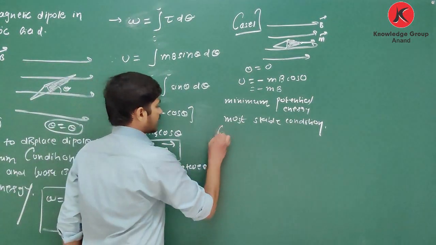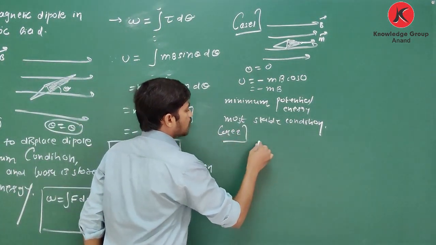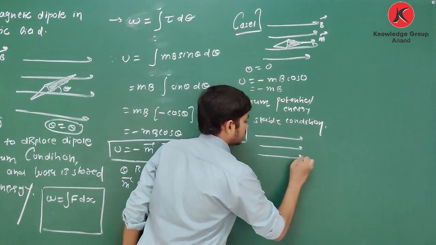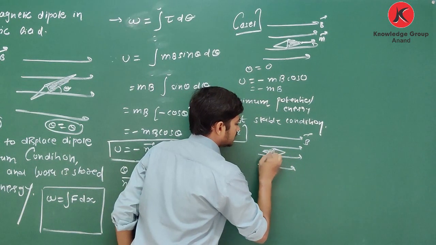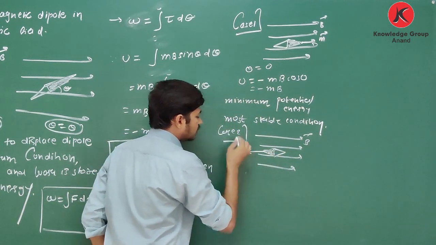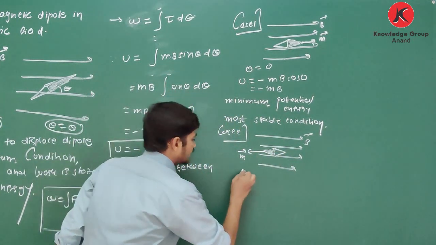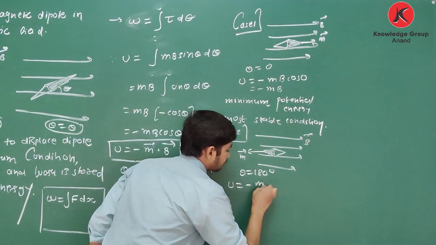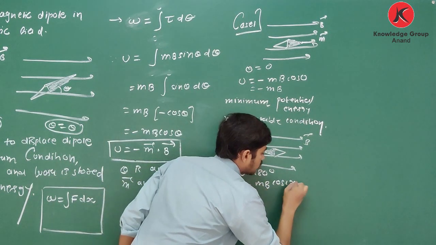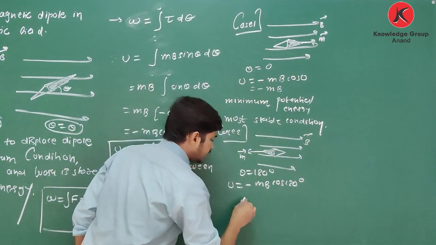Okay. Now case 2. When the magnetic field B is in this direction, and the needle is placed like this, the magnetic moment is in the opposite direction. Then theta is equal to 180. So U is equal to minus MB cos 180. Cos 180 is minus 1.